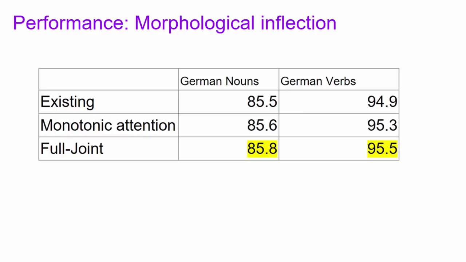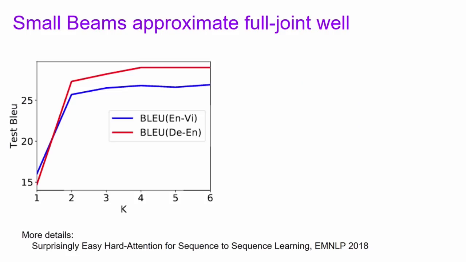Another task we tried was morphological inflection, and there also we get an improvement in accuracy. And as I said, we don't have to sample too many input positions. This k denotes the number of attention variables you select. When you select just 1, your accuracy is quite low.